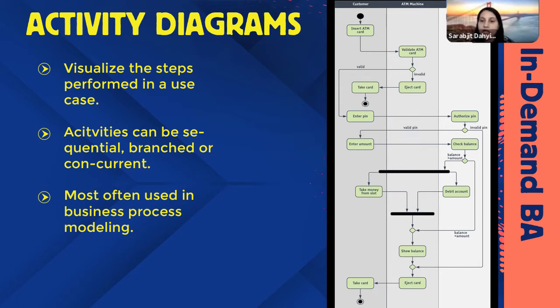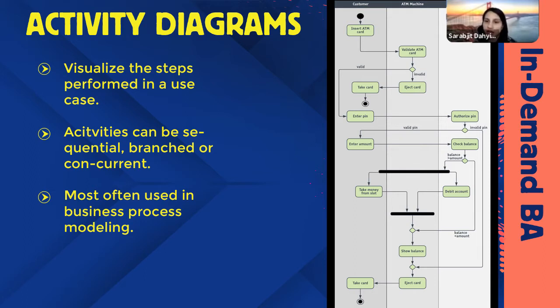The reason why you have swim lanes is to show ownership of each individual actor and what they're going to be doing within that framework or system. Anything that a customer is responsible for, you'll see in the customer swim lane. Anything that the ATM will be doing, you'll see in the ATM swim lane. And anything the bank is responsible for, you'll see in the bank swim lane.